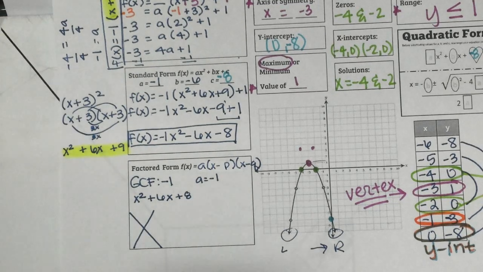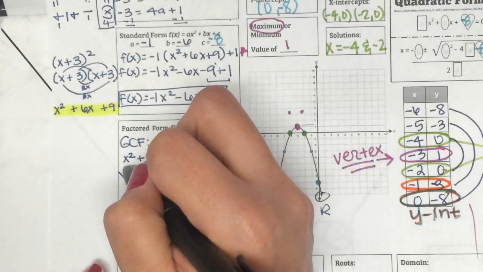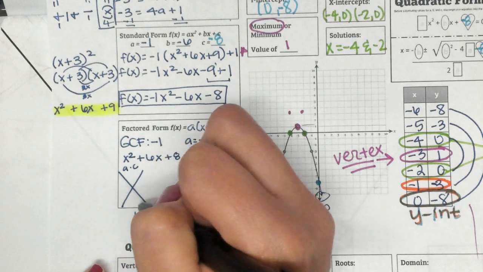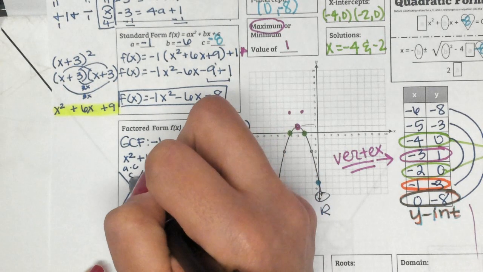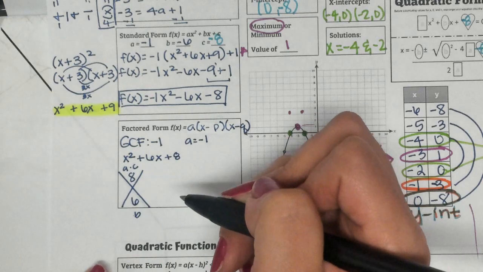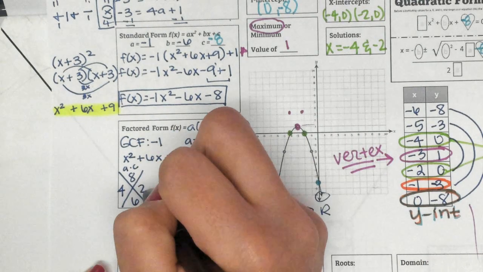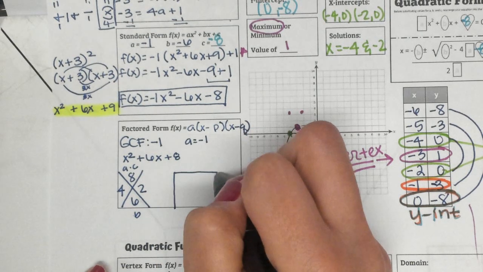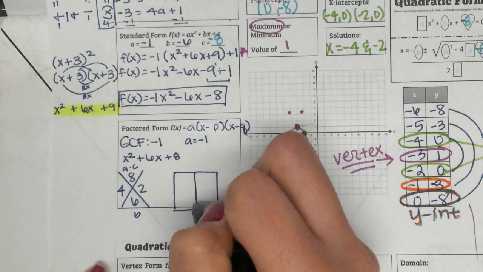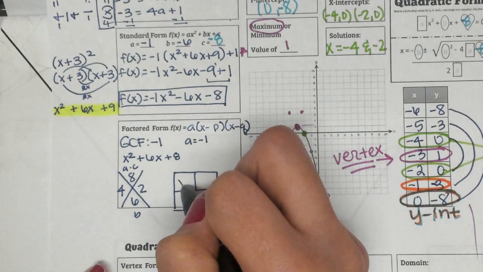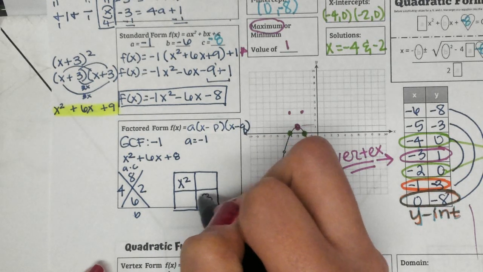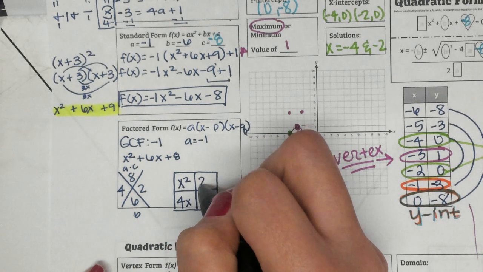Now we do our x box. A times c on top, b on the bottom. So that's 8 and 6, which 4 and 2 multiply to give me 8 and add to give me 6. X squared, 8, 4x, 2x.